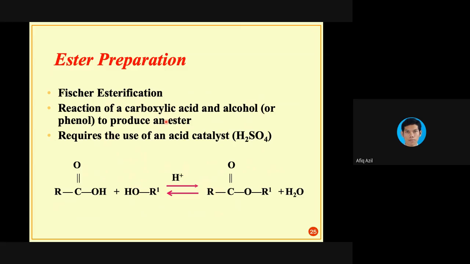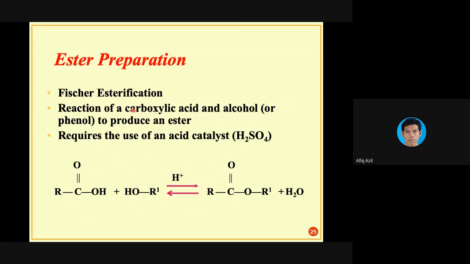Just now we have seen the reaction for carboxylic acid with alcohol, it can form an ester. That process is also known as Fischer esterification reaction. Fischer is the person who first came up with this method to synthesize ester.